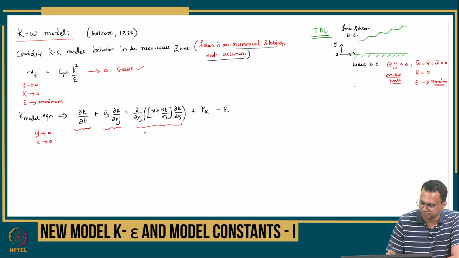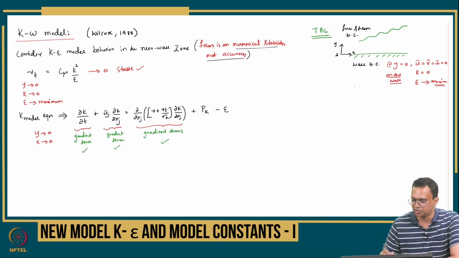So they are fine. This will not cause any numerical stability issue. Okay, so let's look at then the Pk and epsilon.